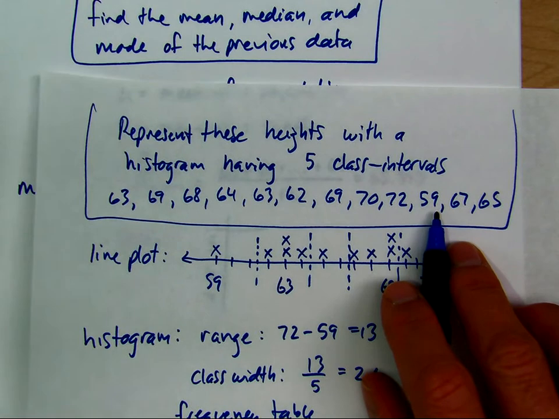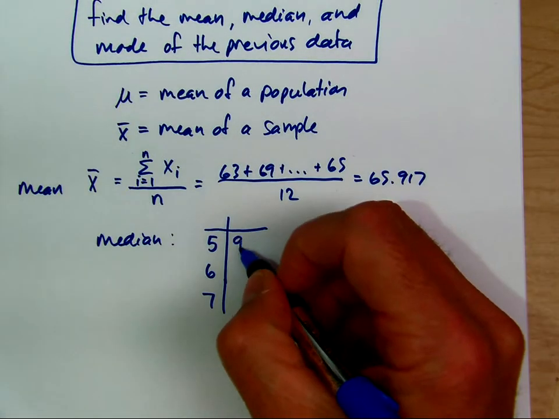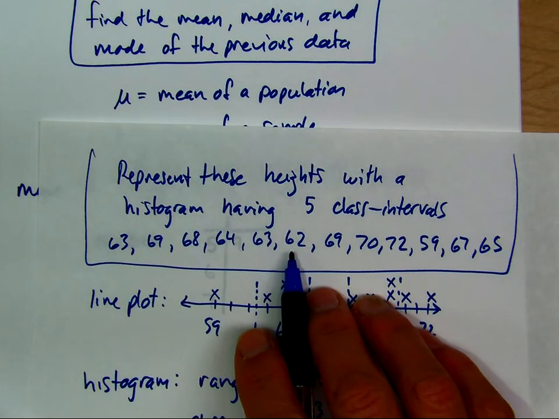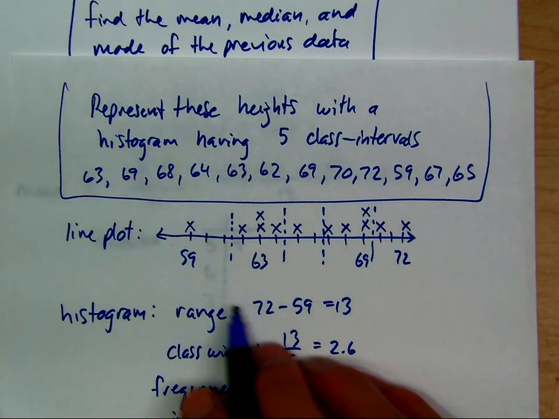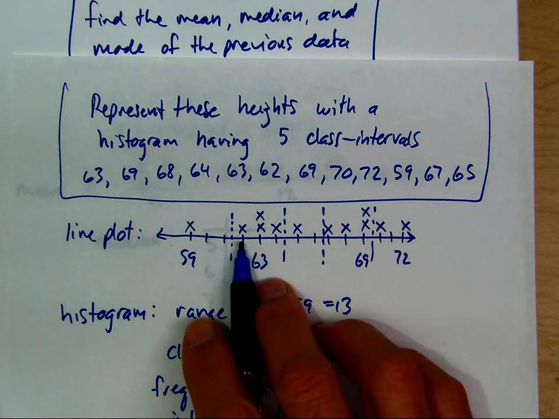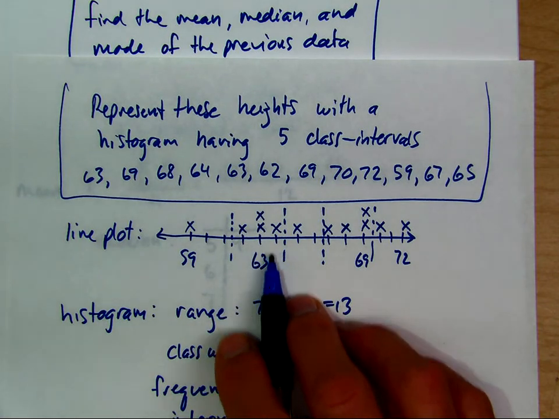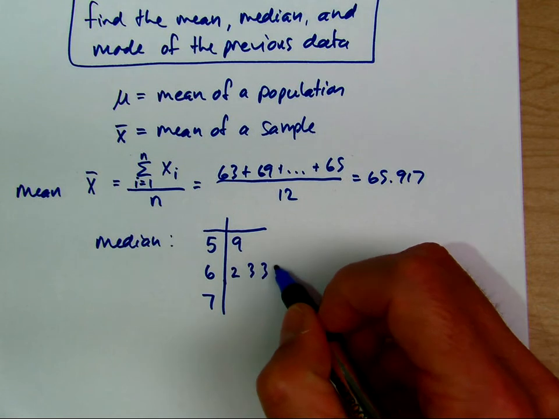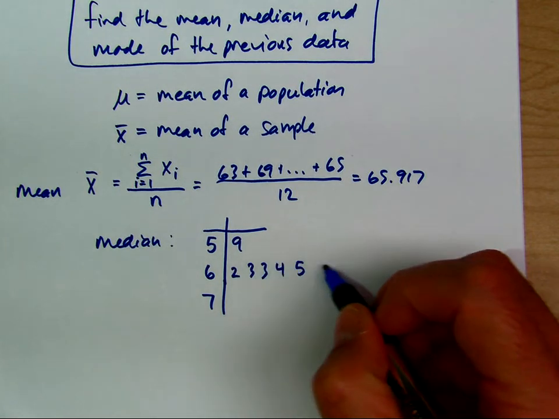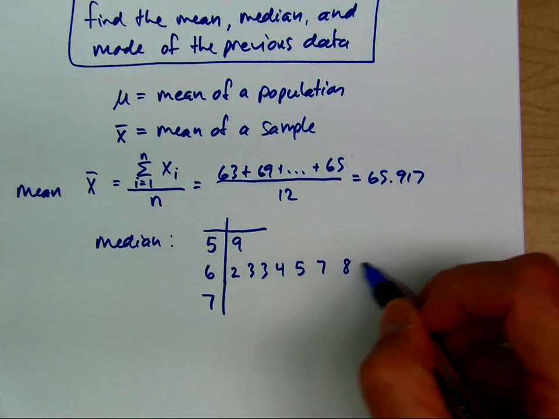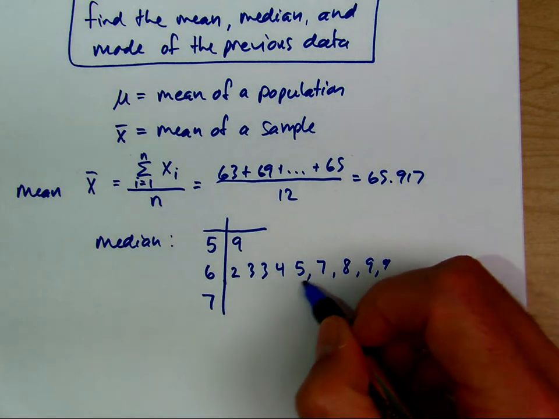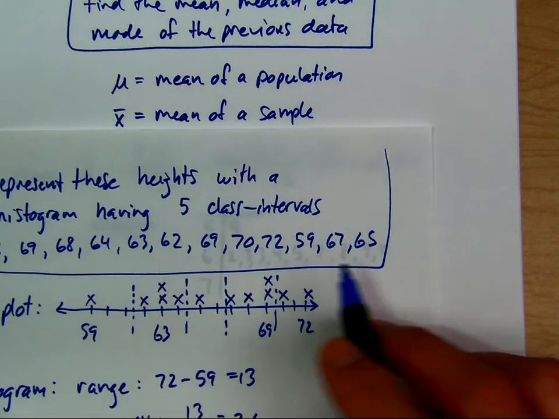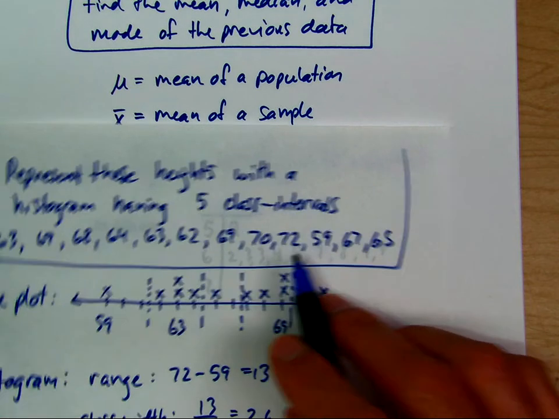So on the leaf we would have a 9. Then in the 60s we have to look at all the 60s and find their ones digit. We have 2, 3, 3, 4, 5, 7, 8, 9, 9 in the 60s, and then in the 70s we have 70 and 72, so we'll just put 0 and 2.